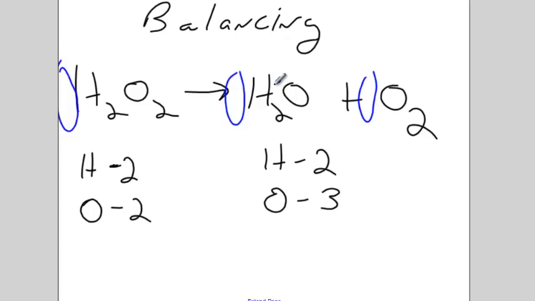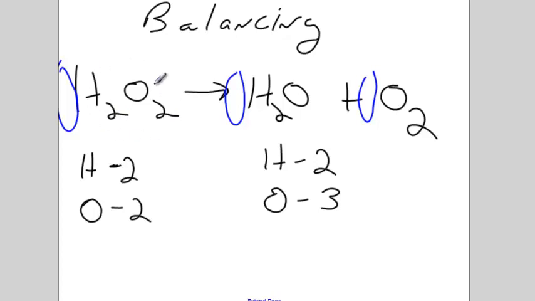You can't sneak a number here and say I have two O's, and then I have two O's and two O's. It doesn't work. These things, H2O2, H2O, O2, come as a set. I cannot change the ratio of H's and O's here in hydrogen peroxide. That would be the same as changing these subscripts, and you know I can't do that.